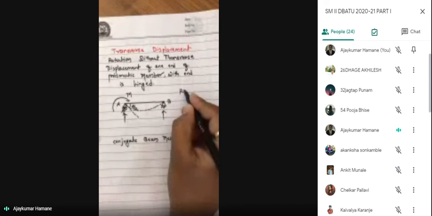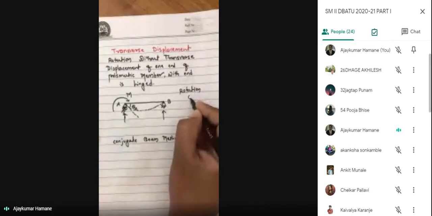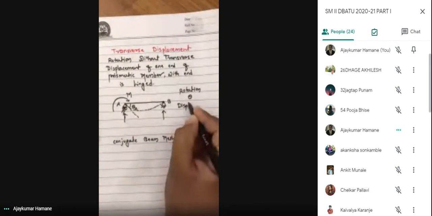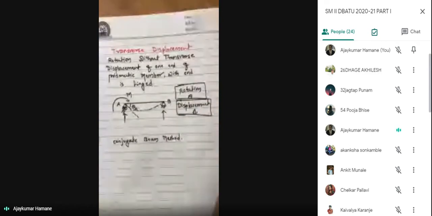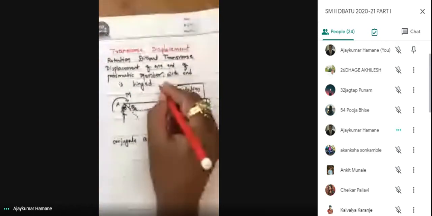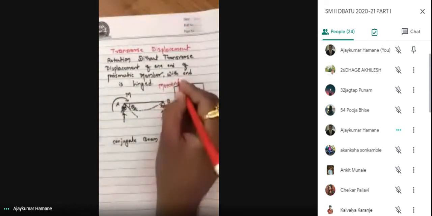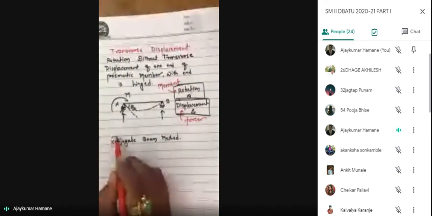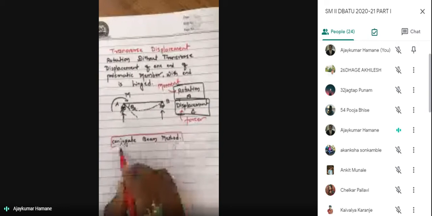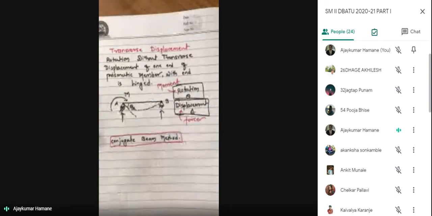The rotation means theta and the displacement is delta. When we apply a moment, we have rotation; when we apply a force, we have displacement.